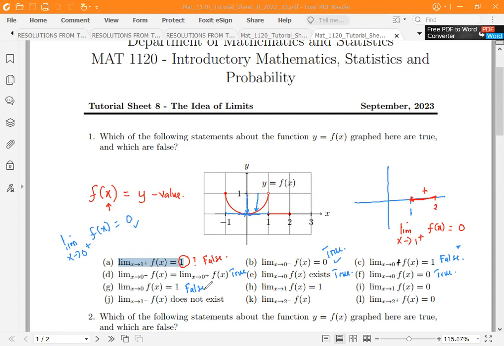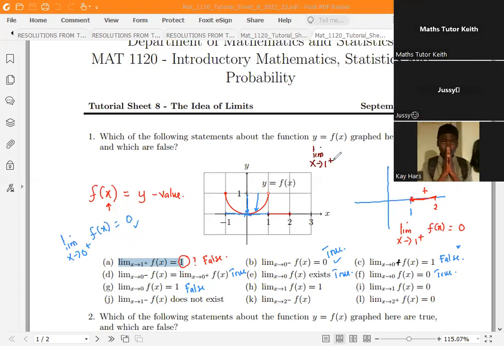Now here, before we can answer this question, we need to know the limit as x approaches 1 from right. Remember we found it?